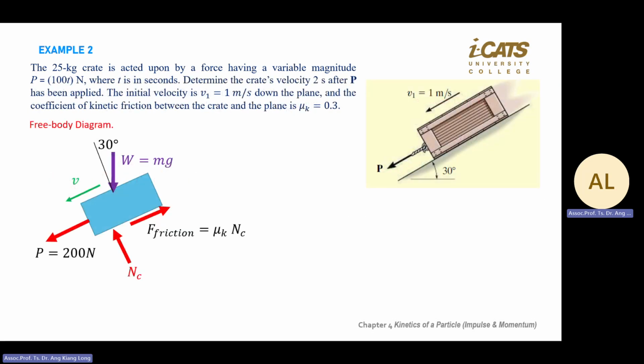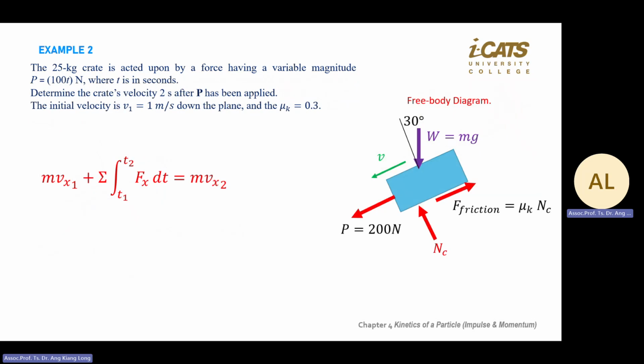Okay. Once you have the diagram, you pull out the principle of linear impulse and momentum. So mv1 plus the sum of the force multiplied by time equals momentum 2. And you break it into x direction and y direction.